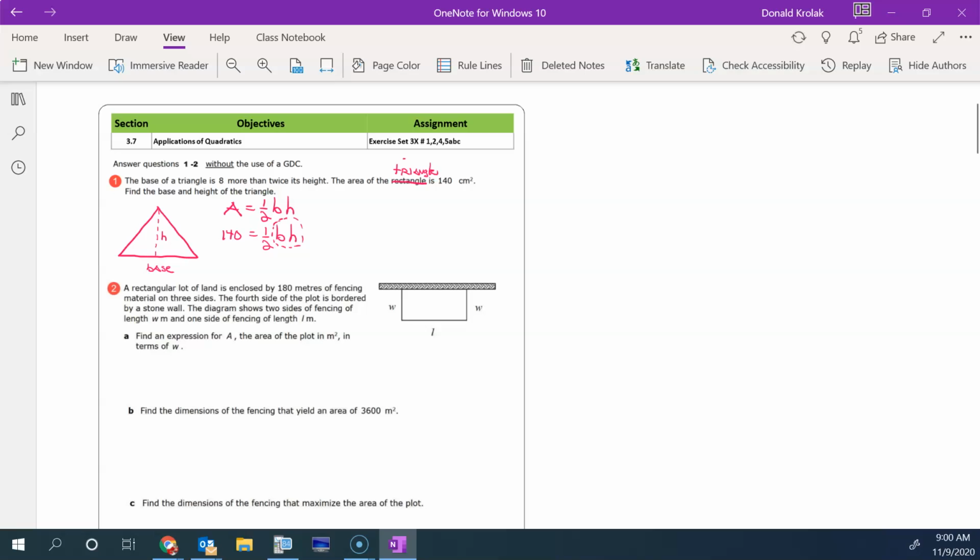Right? So what I have to be able to do here is I've got to rewrite one variable in terms of the other. And that's kind of like a universal thing that you have to do in all these problems. So rewrite one of the variables in terms of the other.